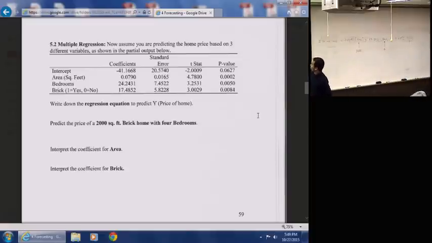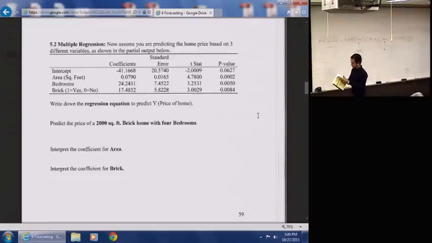It says that for brick, if yes, 1, if no, 0. Is it a brick home? Then it's a yes, so you put brick equals 1. So you basically just sub in 2,000, 4 and 1 into this equation, and then you're good to go.